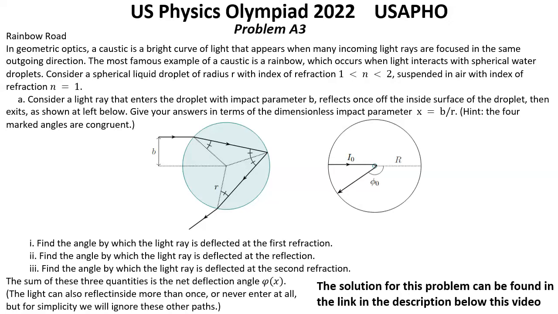The sum of these three quantities is the net deflection angle phi as a function of x. The light can also reflect inside more than once or never at all, but for simplicity we will ignore these other paths.